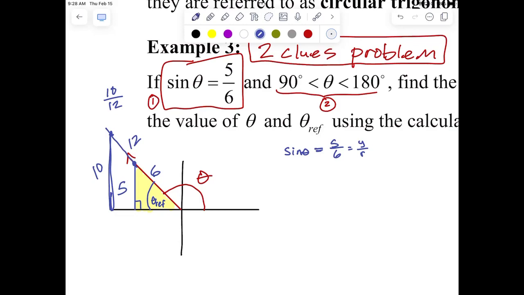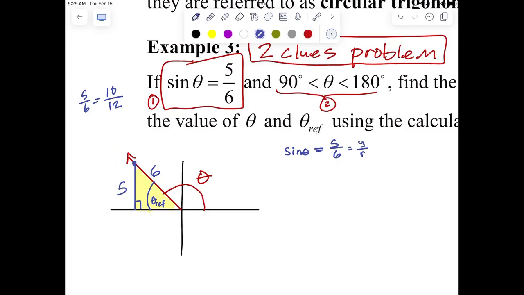But what does 10 over 12 simplify to? 5 over 6. That's why it doesn't matter the point from which we drop the perp to create the triangle, because the scale factor will always divide out. If the triangle is 3 times as big, then the 2 side lengths are 3 times bigger, and that scale factor divides out. Does that make sense? So we can always just draw it in the simplest form. We can always just say, I'm just going to drop it and label it as 5 over 6.